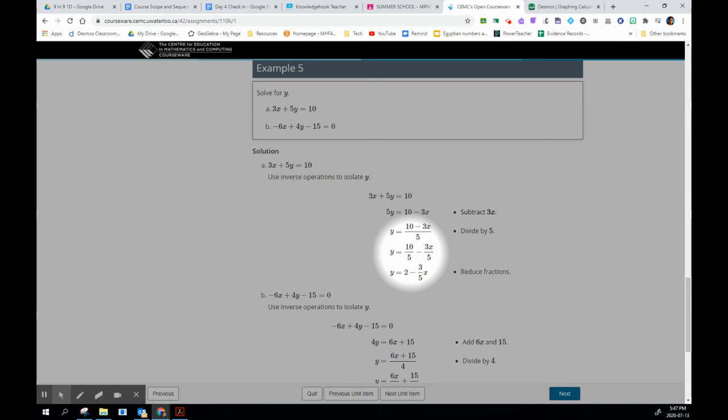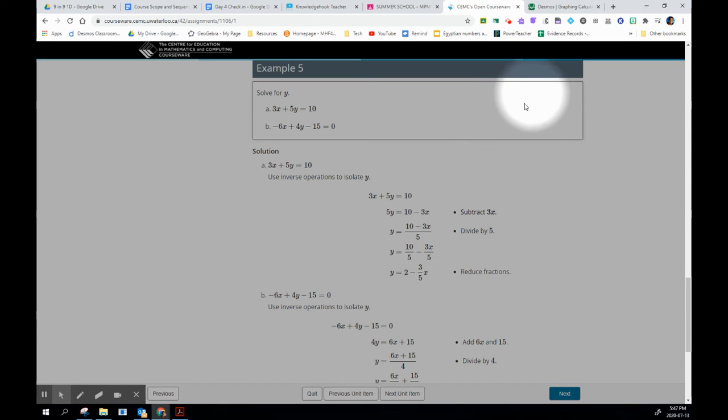Now I can see that 10 divided by 5 is 2, and negative 3x over 5. Take a look. So now I have this equation as y equals b plus mx, really, but that's okay. I can identify that the slope is negative 3/5 and the y-intercept is 2.